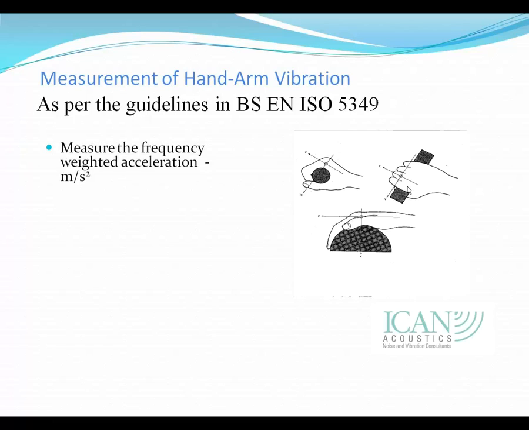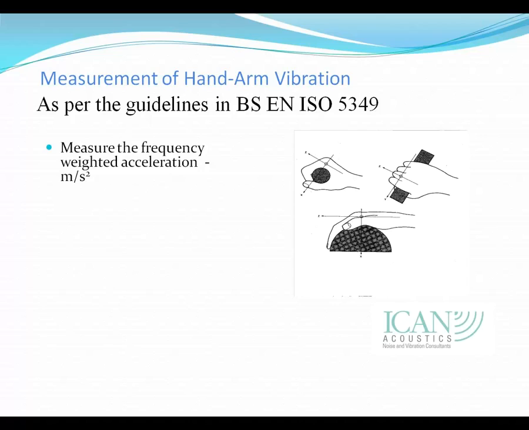In terms of your handle or the handle of the device that you're testing. Now, it is important to note that there is a weighting correction that is applied to these measurements. So the instrumentation that we use has a weighting correction, if you like. So it's a weighted acceleration.